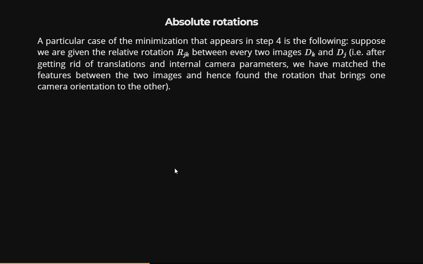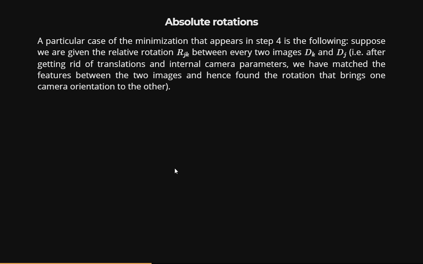Now, you have the following. You have all your images, you know the camera parameters, you know the focal distance, the skewness, whatever, and you don't care about the translations. You can twist things so that you can ignore the translations.